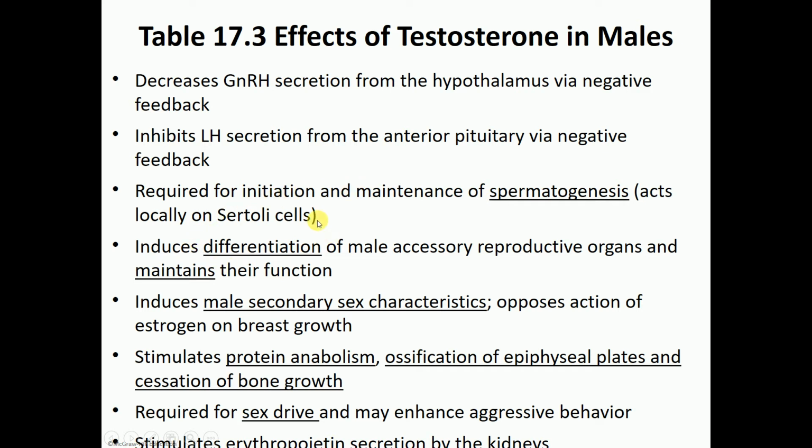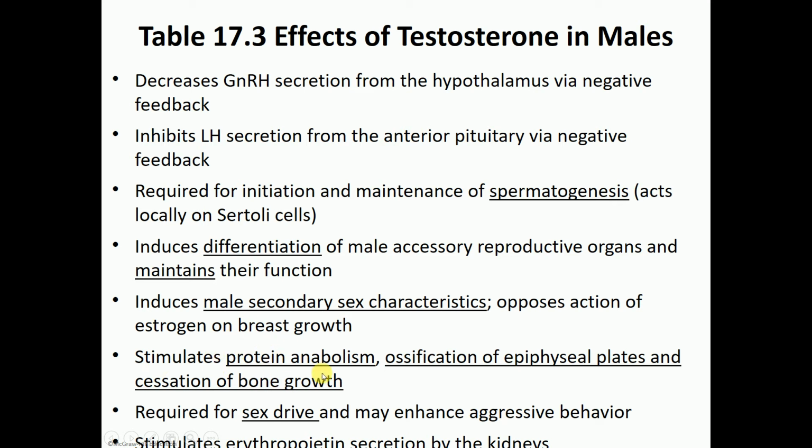It leads to the differentiation and maintenance of the male secondary reproductive organs and the male secondary sexual characteristics, which are the characteristics that are seen on the outside. So it's important that it helps in the differentiation of them and maintenance. And that's why these levels need to be high throughout adulthood, they're not cyclical.